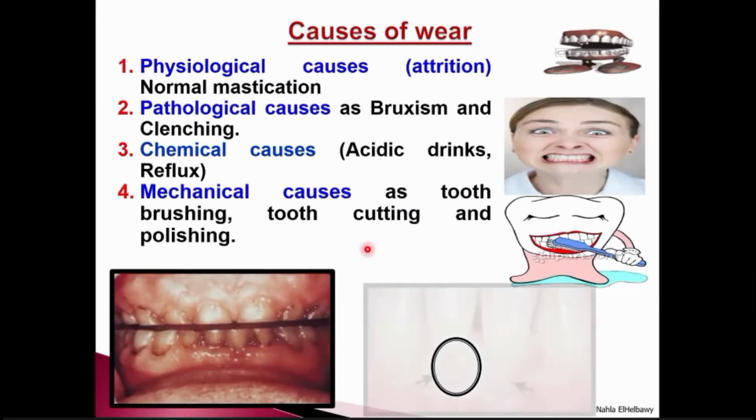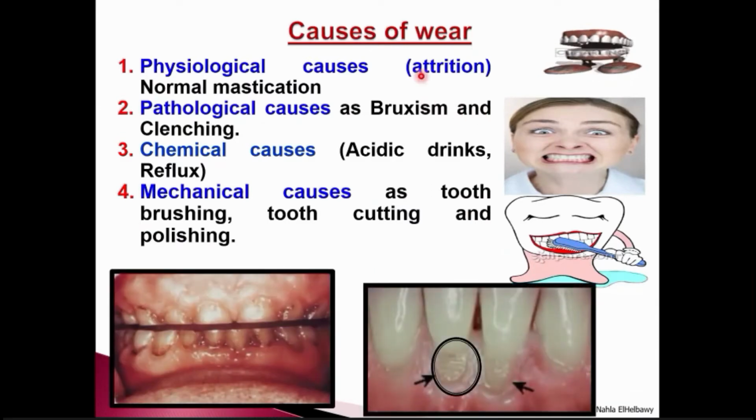The causes of wear are physiological, which is attrition. I'm sure you must have read about it. This is normal attrition, which can happen with time. Because once we masticate, we chew our food, the teeth strike each other, and that striking can result in some wear. Bruxism, some patients who have a grinding habit, may cause wear or attrition. It will be attrition, but due to bruxism.